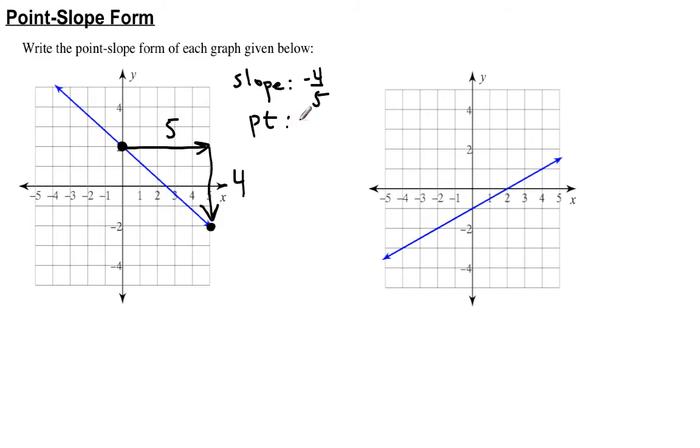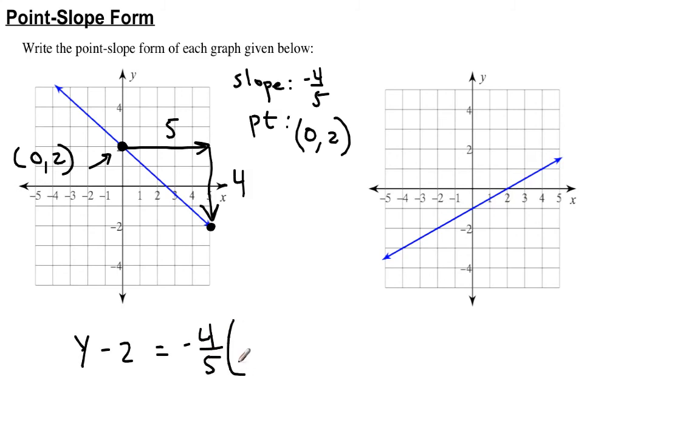Okay, and then a point that it goes through is this point right here. This is the point 0, 2. Okay, so let's take all this information, write out our equation. It looks like y minus 2 is equal to our slope -4/5 times x minus 0.